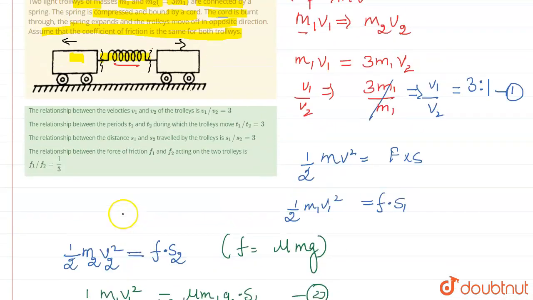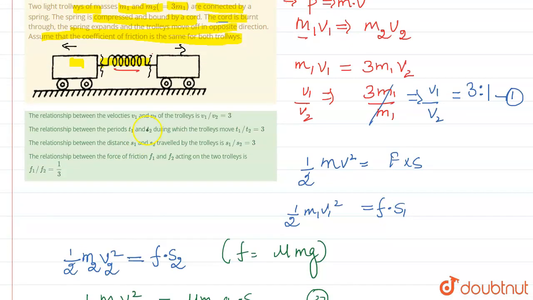Now look at the options. The relationship between the distances s1 and s2 traveled by the trolleys, and the ratio of velocities v1 and v2 is 3.